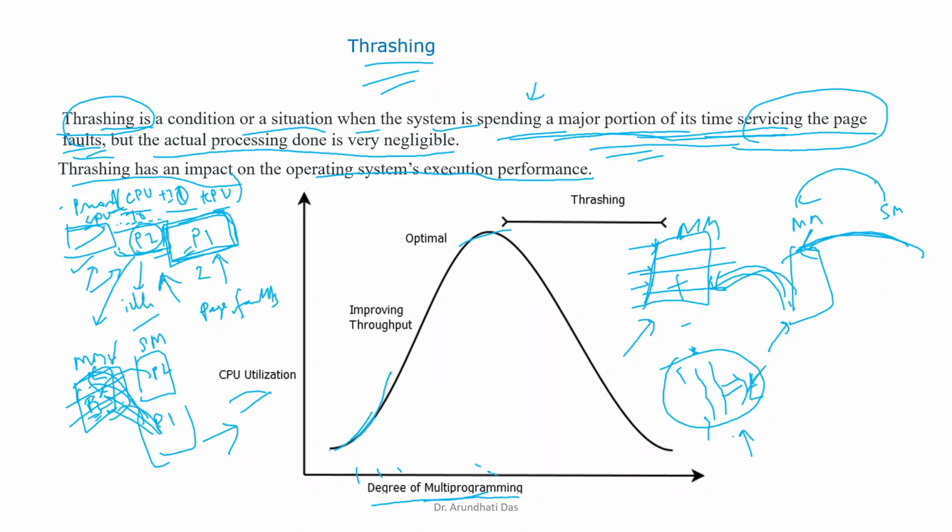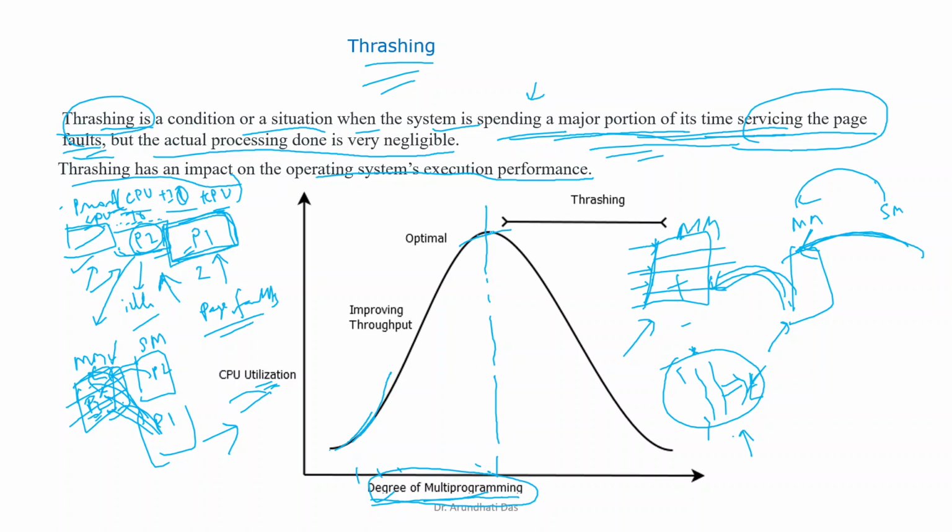Now if this loading and unloading is happening more and more, that means the number of page faults will be more and more, then even though we are trying to maximize the CPU utilization by increasing the degree of multiprogramming, after a point of time there will be some optimal point.